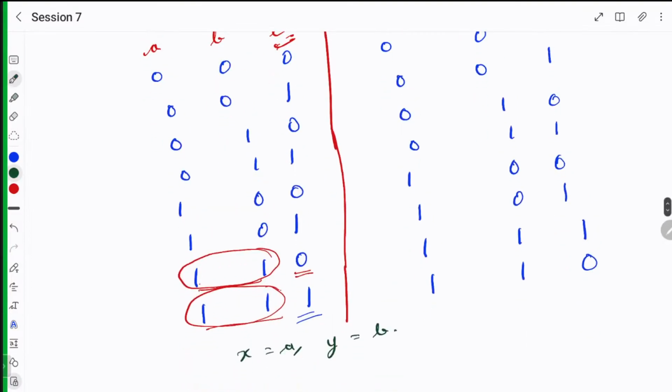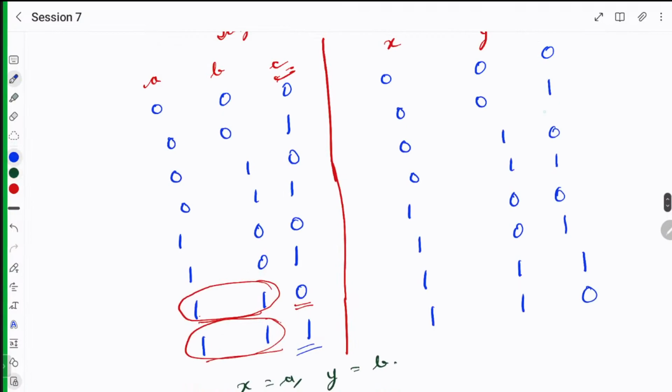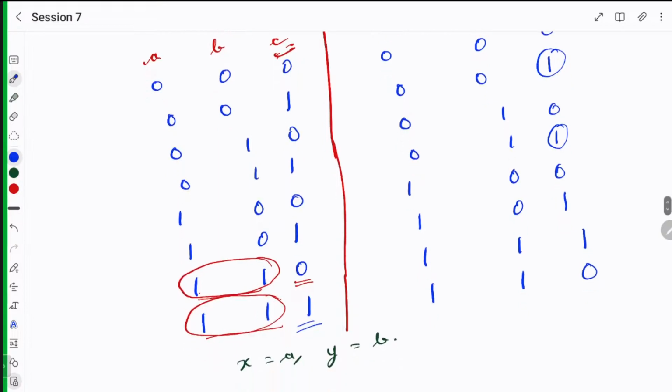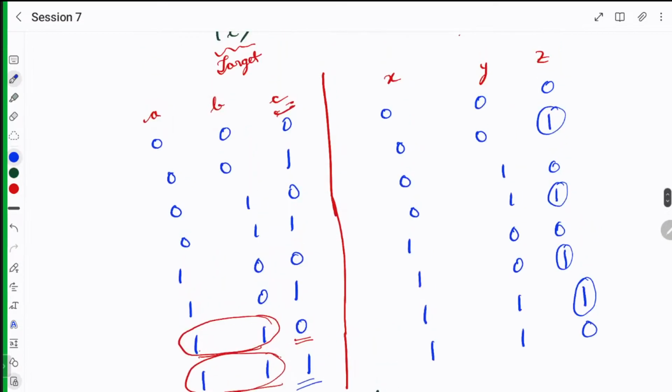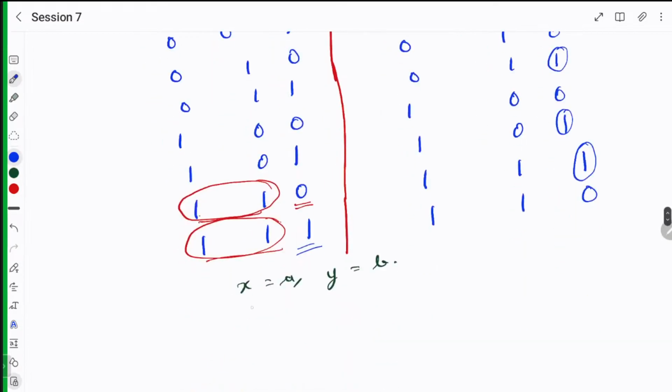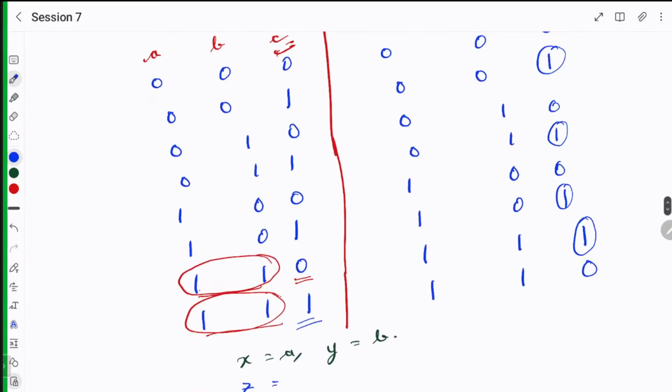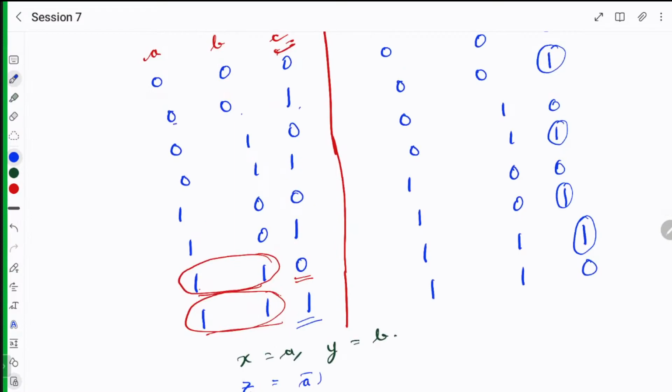Now, just as in the last class, we had discussed how to find the expression from the truth table. We will just take the terms with 1 and express it in a sum of product form. The first one corresponds to 0, 0, 1, so A bar, B bar, C, where bar means the NOT gate is applied on it.